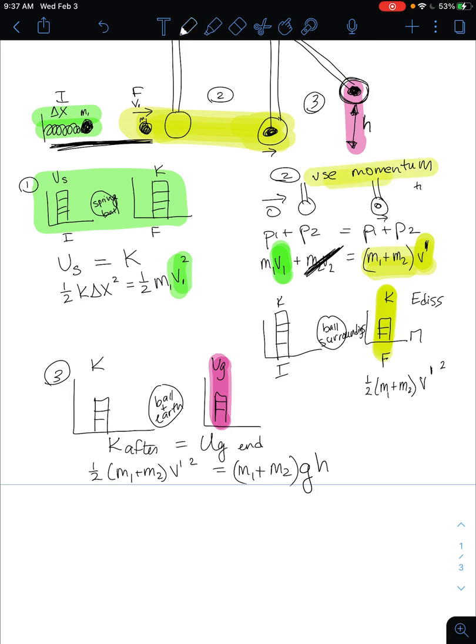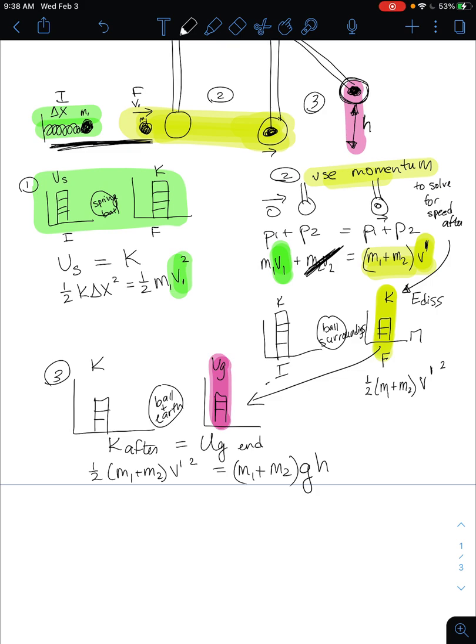So you use momentum to solve for the speed after. And that's how you'll know how to solve for your kinetic energy after. We could even figure out how much kinetic energy was lost if we wanted to. But what we really need is that kinetic energy that's still present after the collision, because the kinetic energy that's still present after the collision, that's what turns into gravitational energy at the end.